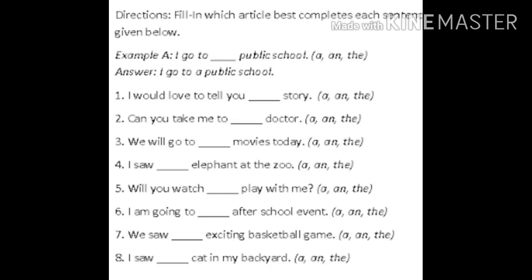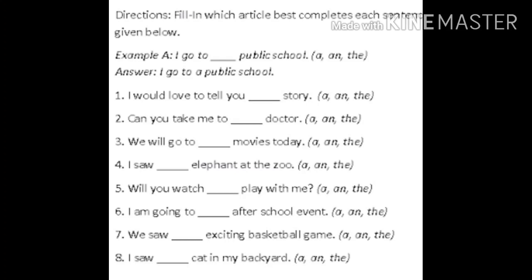I am going to the after school event, or I am going to an after school event, or I am going to a after school event. Here they are talking about one particular school event, so: I am going to the after school event. Now, sentence number 7: we saw dash dash exciting basketball game.